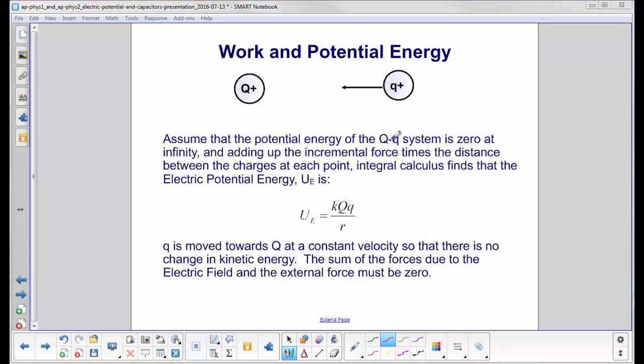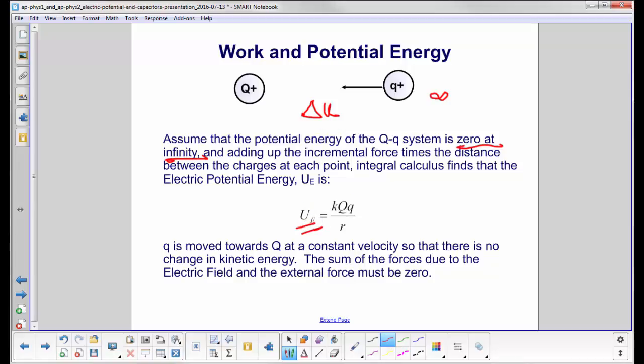We're going to make an assumption that the potential energy of this system is 0 at infinity, which is where we're starting this charge from. We do that so that when we talk about delta U, the change in potential energy, which is the negative of the work, since the potential energy out here is defined to be 0, we can just deal with potential energy.